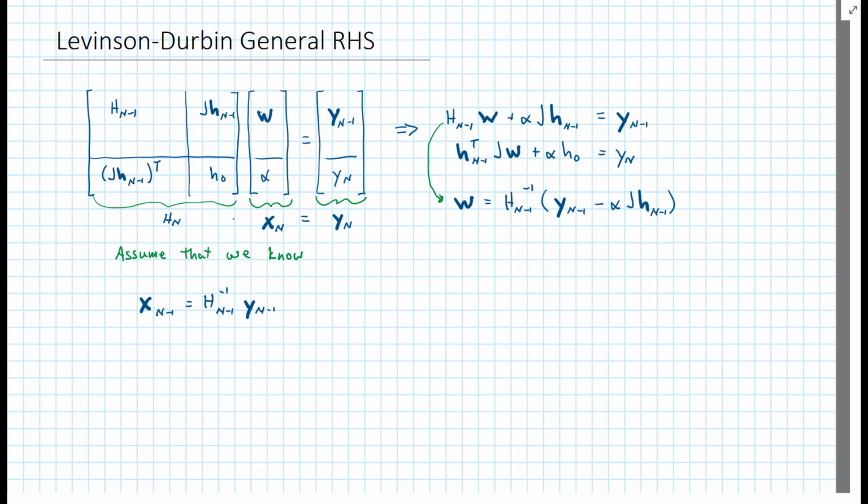And we're also going to assume that we know v n minus 1 is equal to h inverse n minus 1 times h n minus 1. So that came from our previous case where we had the specific right-hand side.